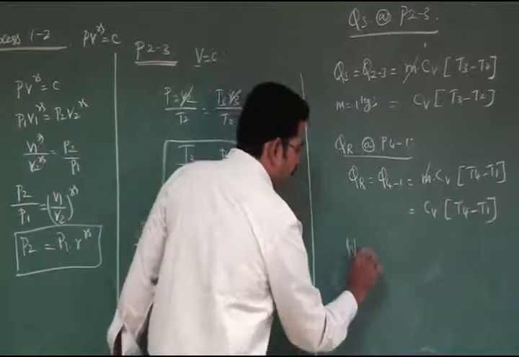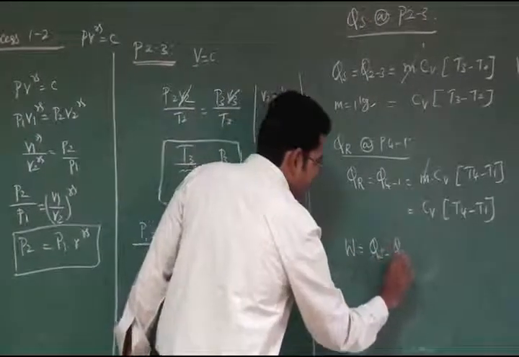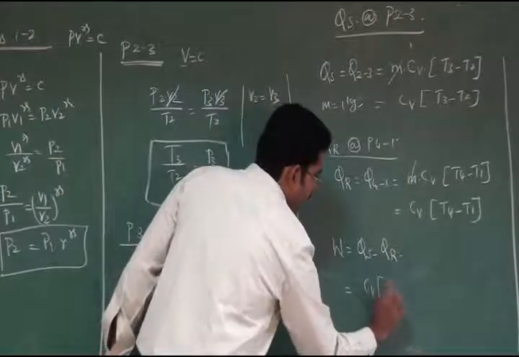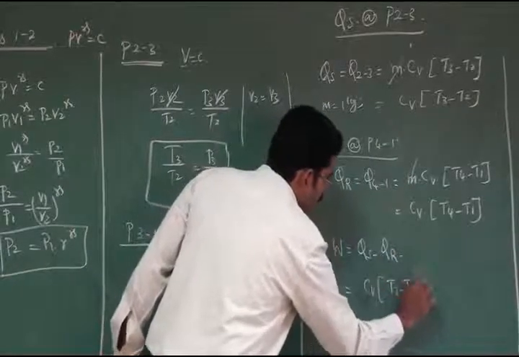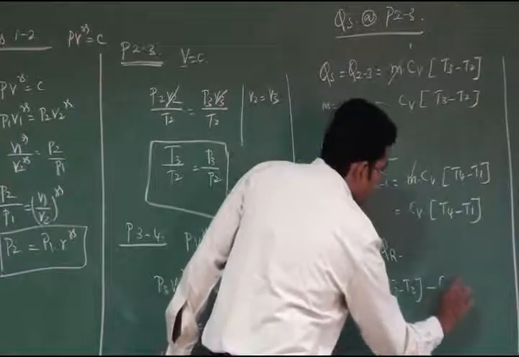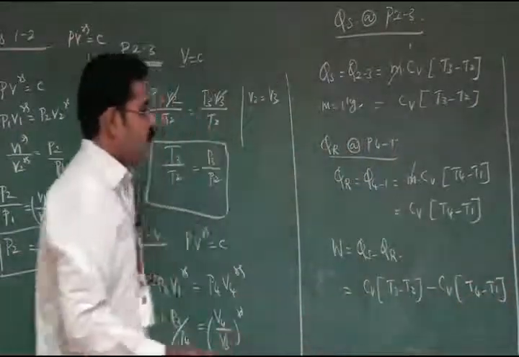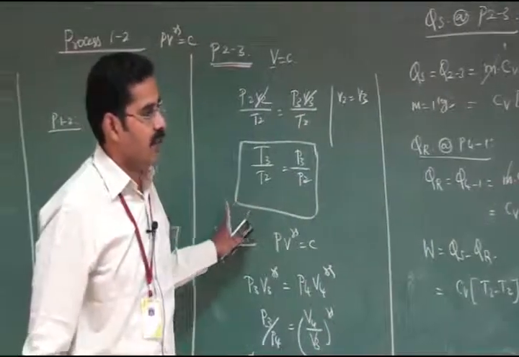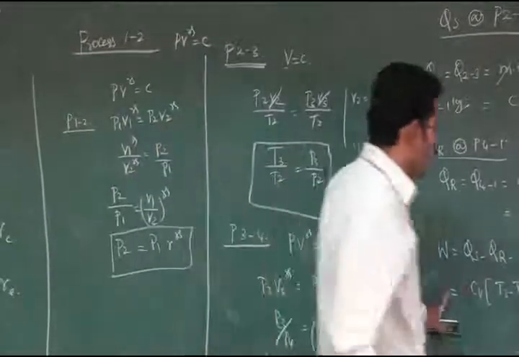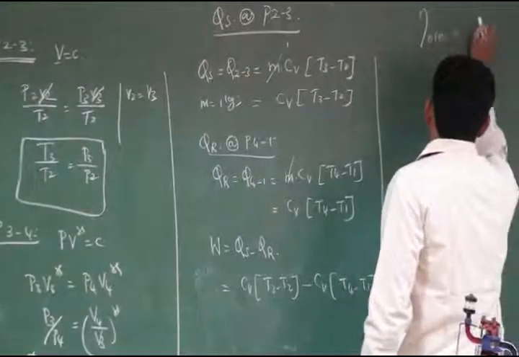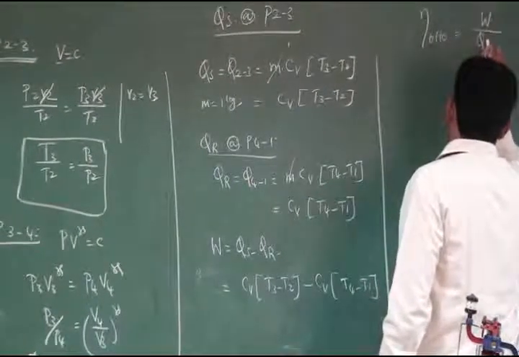Work done means heat supplied minus heat rejected. Heat supplied is Cv into T3 minus T2 and heat rejected is Cv into T4 minus T1. This is the work done for the Otto cycle. Now we know the efficiency formula. What is the general efficiency formula? Work done divided by heat supplied.